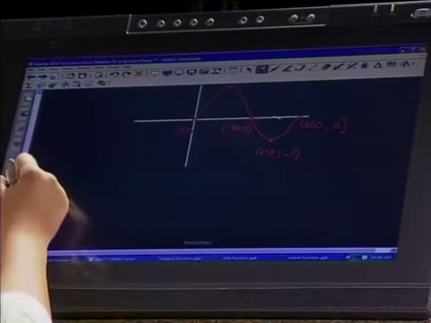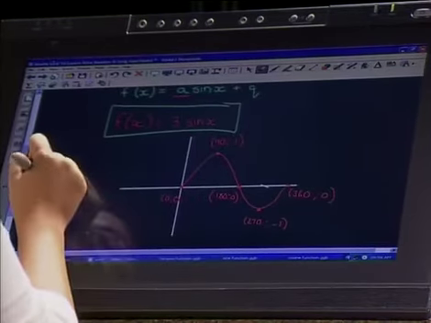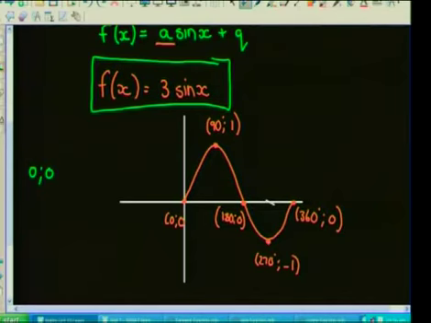This is not complicated at all. To make it easier, let's write the coordinates down here: 0 and 0, 90 and 1, 180 and 0, 270 degrees and minus 1, and 360 and 0. So here are all our coordinates.